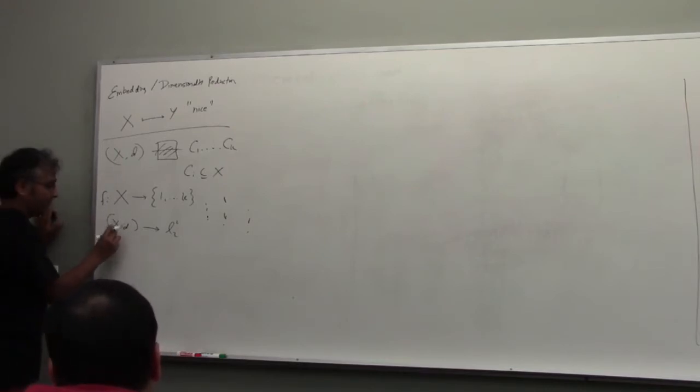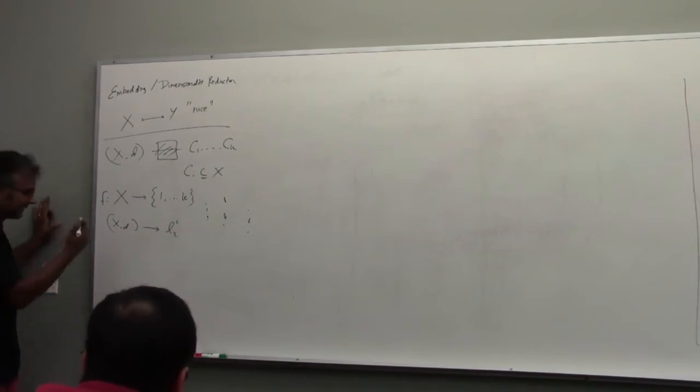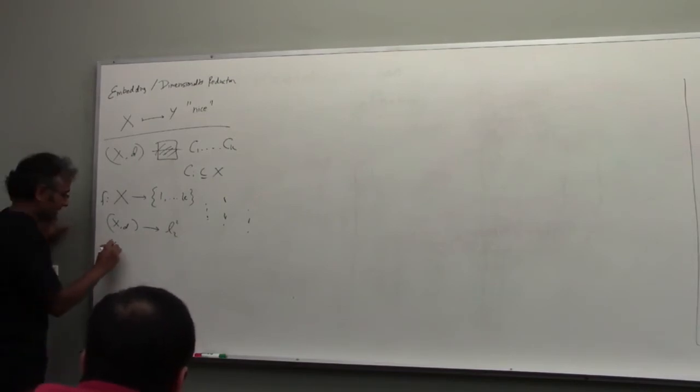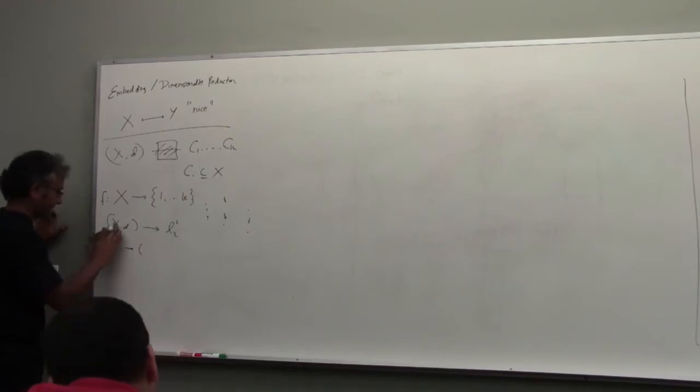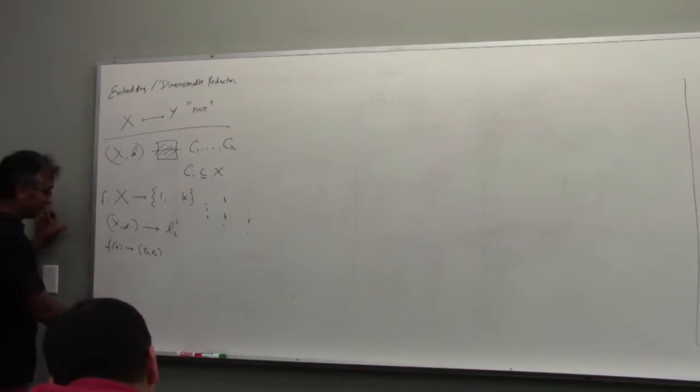So every object here needs to have a map into 2 coordinates here. Let's say there's some map that takes f of x and gives you some x1, x2.